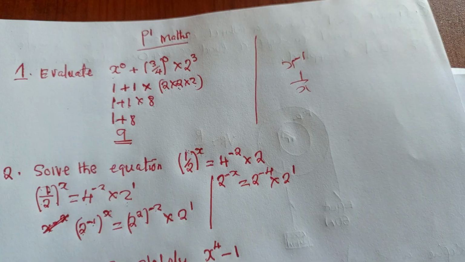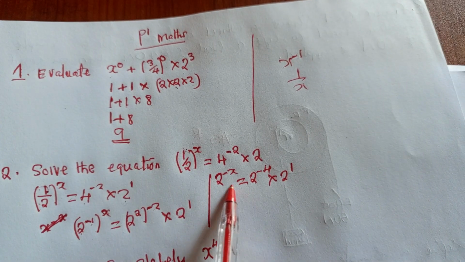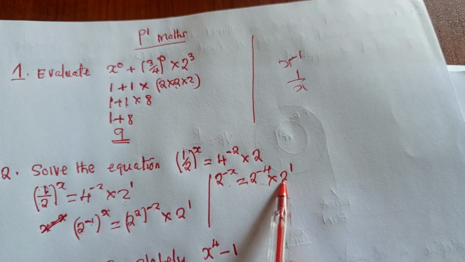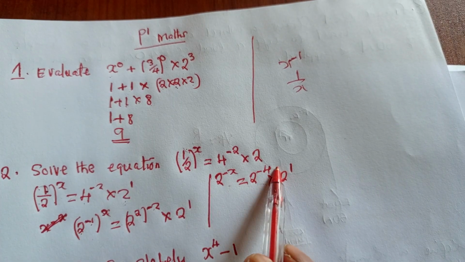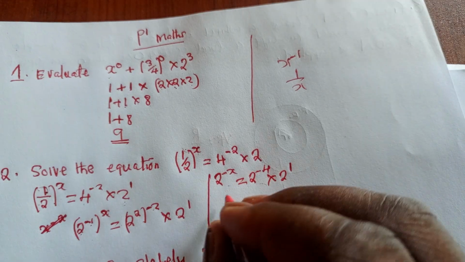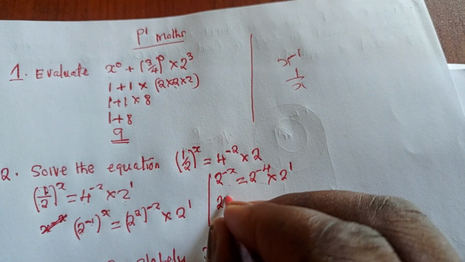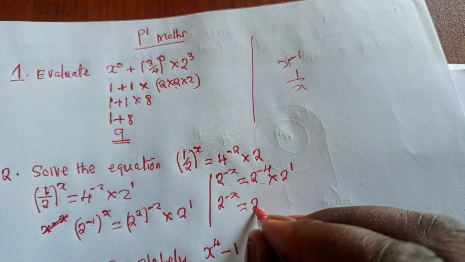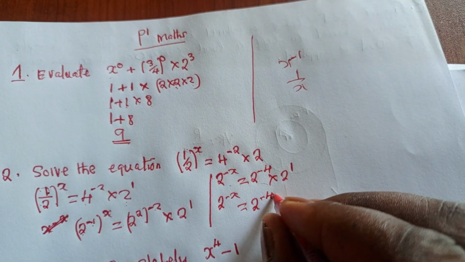Since I have same bases here, as you can see, 2, 2, 2, and here there's a multiplication, if you're multiplying numbers with the same base, you add the powers. So it will be 2 to the power negative x, which is equal to 2 to the power negative 4 plus 1.